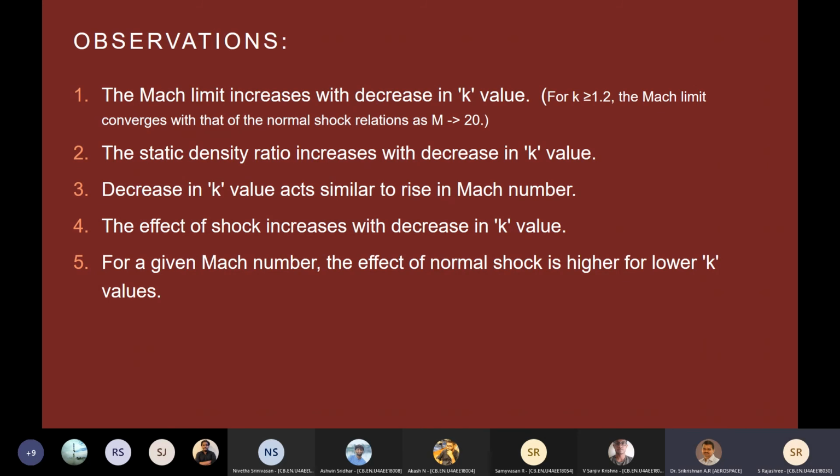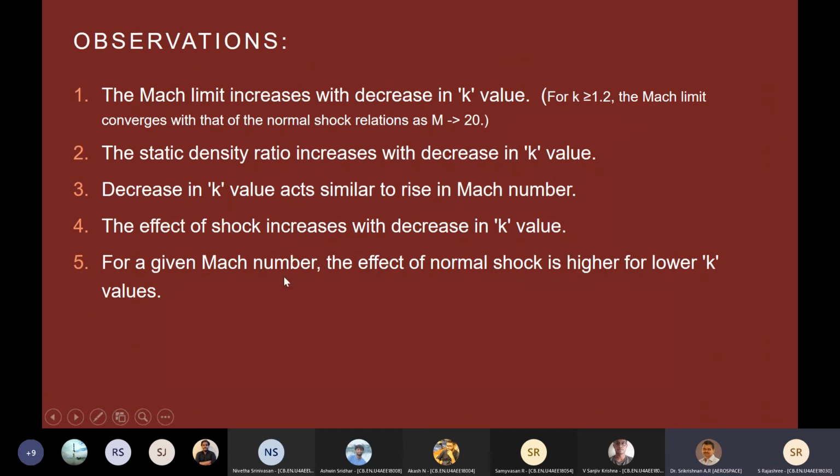Good. Okay. So you correctly mentioned that the impact of the normal shock compression effect will be higher when you have a lower value of gamma, right? Can you think of any application for this observation? Application of which observation, sir?